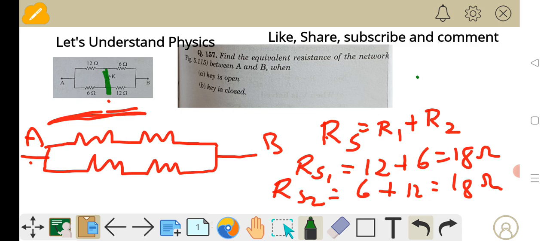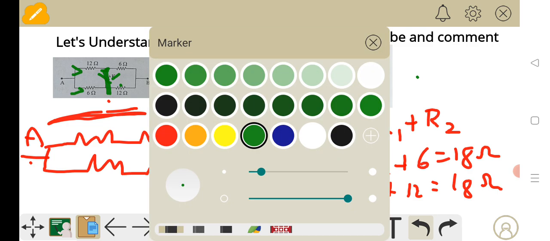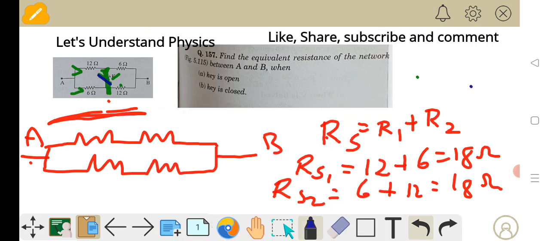Now in this diagram, how do you identify? First, from A, the current is getting divided in 12 ohm and 6 ohm, and once it reaches 12 ohm, again there are two paths. One is conductor, that means just you will have switch. So this path, this path, 6 ohm path.